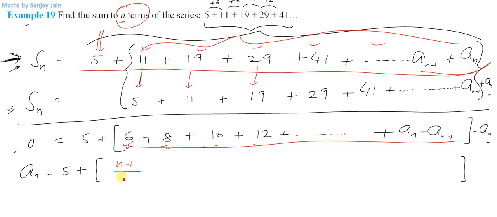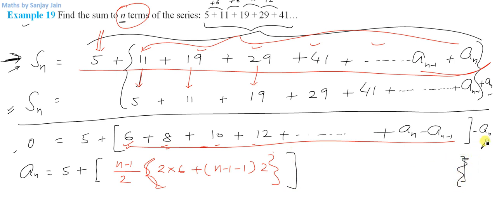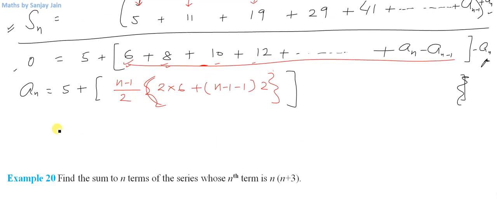So let me simply write the sum here: (n minus 1)/2 times [2 times first term plus (n minus 1 minus 1) into d, that is 2]. So this will be the sum of this AP. And let me close this bracket here. I have already taken this on the left hand side. Now I will get my nth term or a(n).